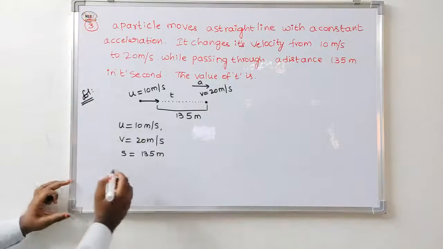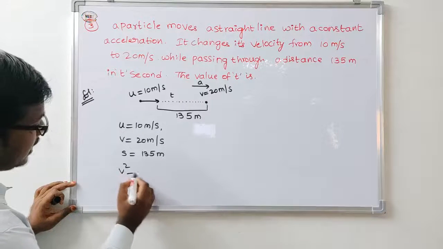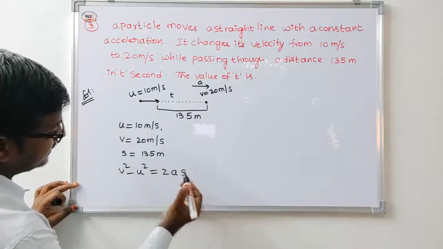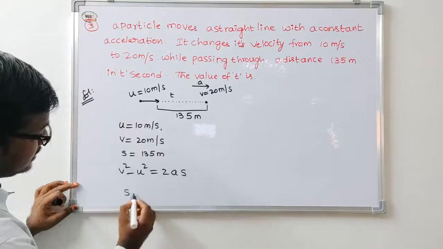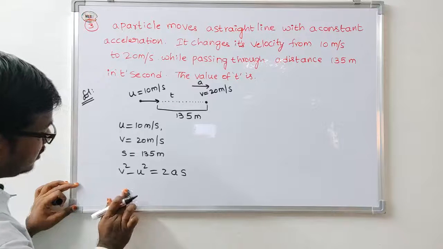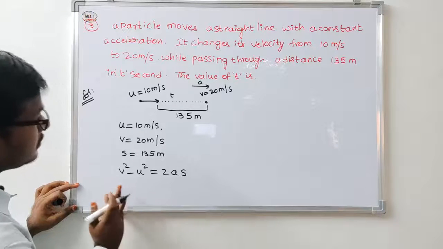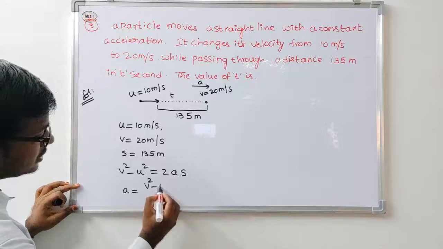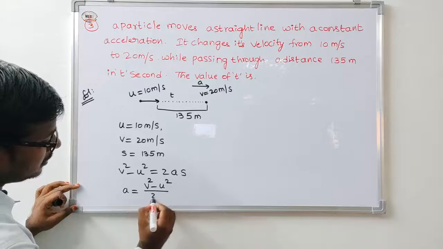The formula is V square minus U square is equal to 2AS. To find acceleration, A is equal to V square minus U square by 2S.